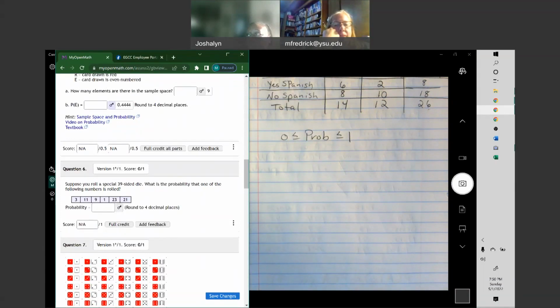Suppose you roll a special 39 sided die. What's the probability that one of the following numbers is rolled? 6 out of the 39? Yeah.